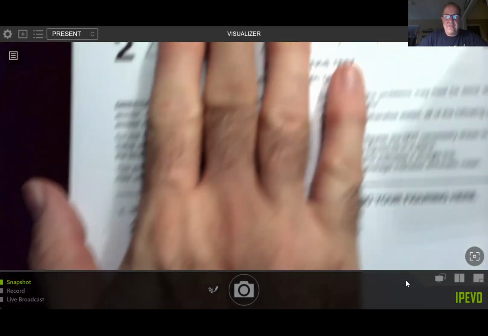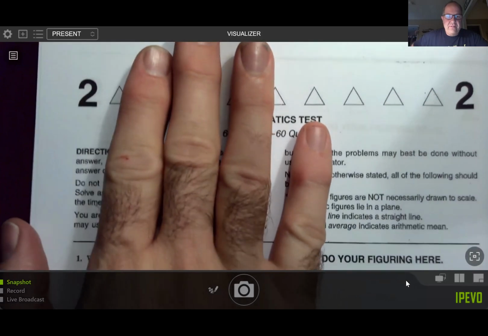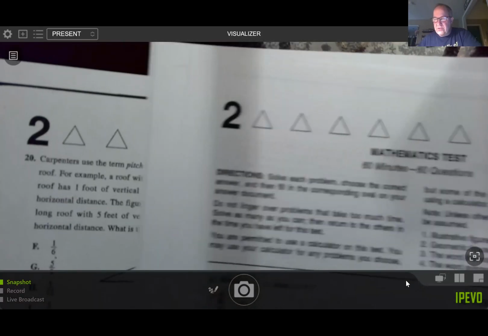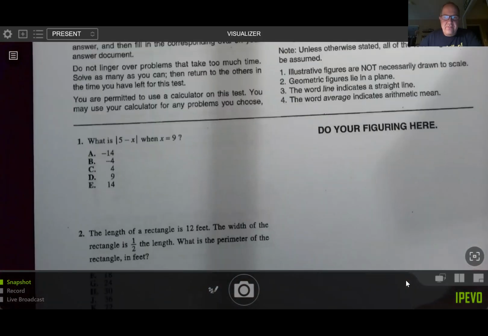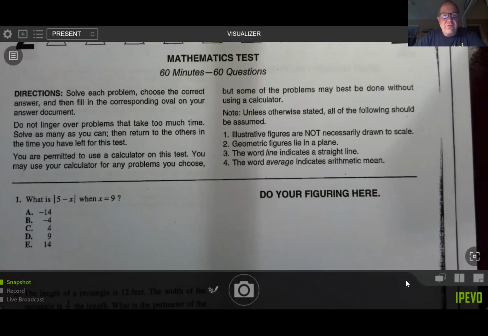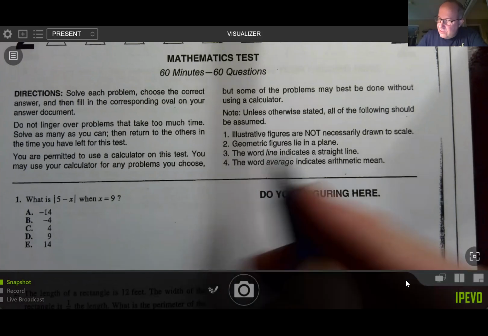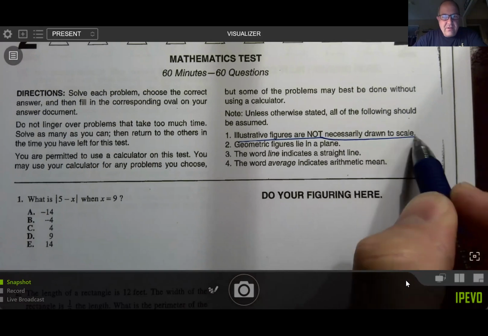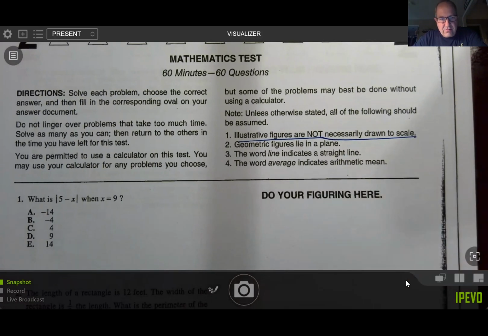Okay, so again, you should have downloaded the questions, right? So you've got them. We're going to be working through the first 23 questions of this ACT test. It's from 2016. To remind you of a couple things, they do say that things are not necessarily drawn to scale, but they definitely are, okay? So use that to your advantage.